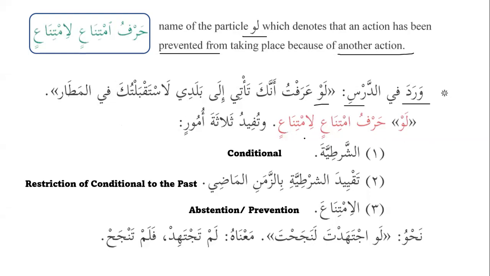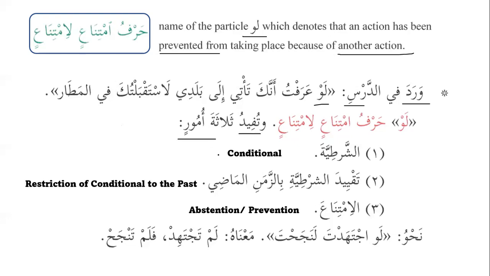لو حرف امتناع لامتناع. As we have seen, this is a harf, a particle of action which tells us that something has been prevented because of something. وتفيد ثلاثة أمور, and it gives the benefit of three things. أفاد يفيد إفادة, and because it's harf, it is tufidu.